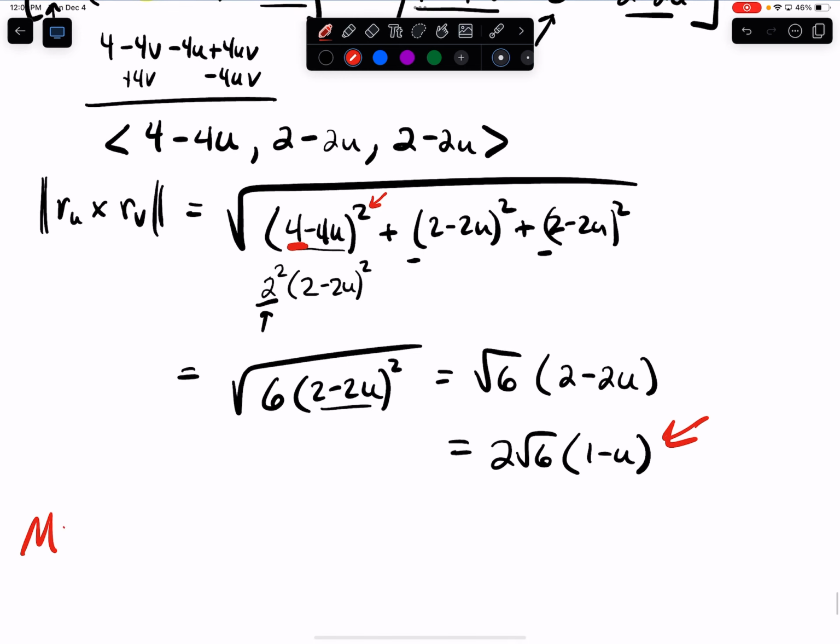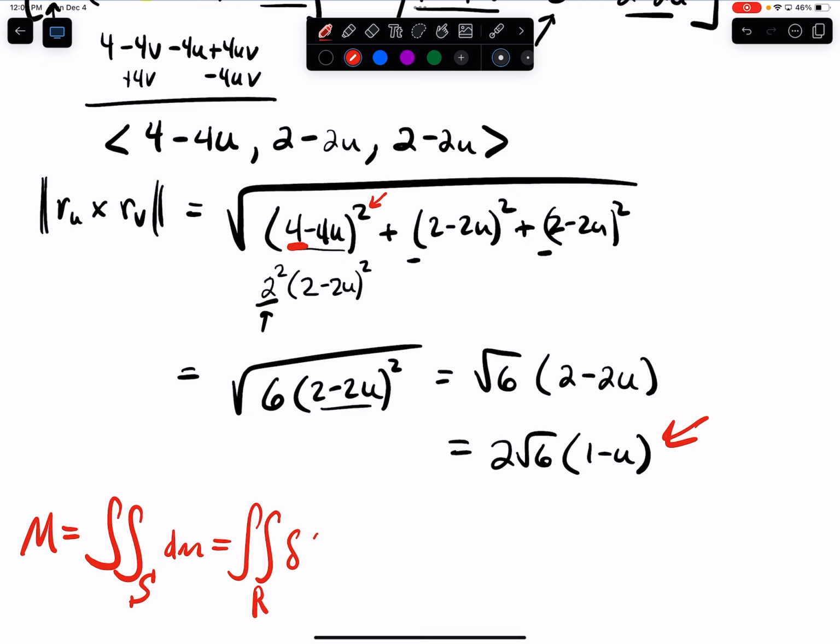So mass is equal to the double integral over the surface dm, which is the double integral over the region of the density function evaluated at r of uv times the magnitude of ru cross rv dA.